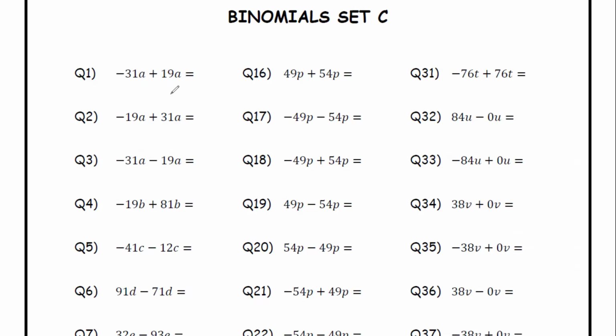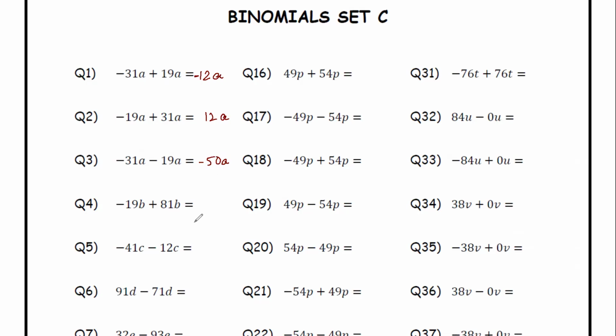Okay. So 31 and 19, the difference is 12, A and negative. This one will be 12A again, and it'll be positive. Both are negative, it'll be negative 50A.